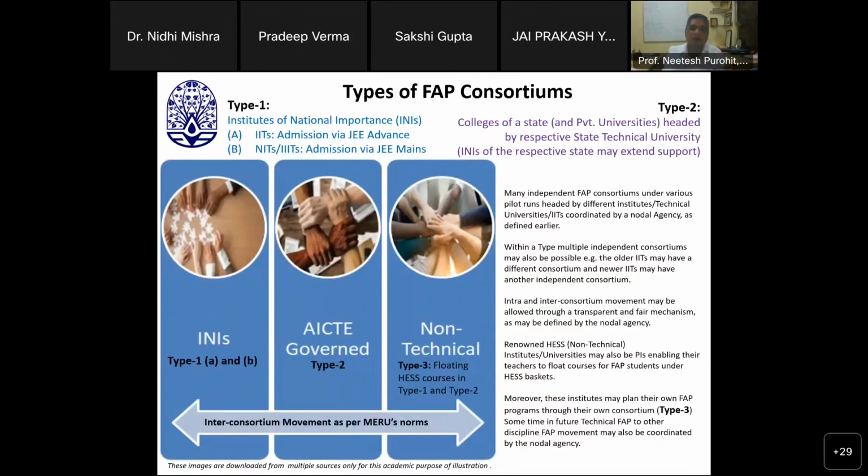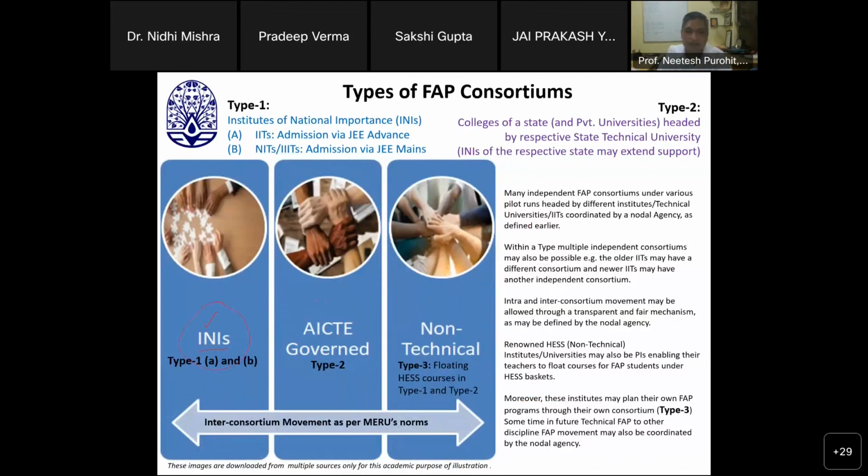So what is the larger goal? What is the larger plan that we are trying to see? Our vision is like this, that the institutes of national importance, INIs, that is the IITs, IIITs, NITs, and all these are falling into this particular category. They should act as a single cluster.